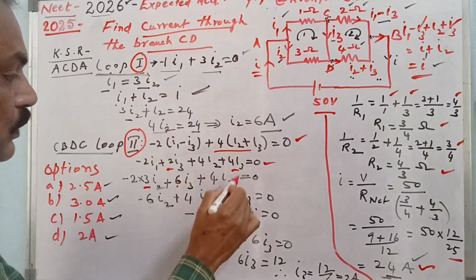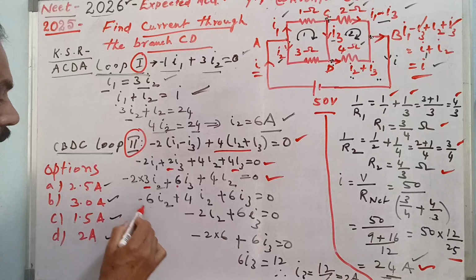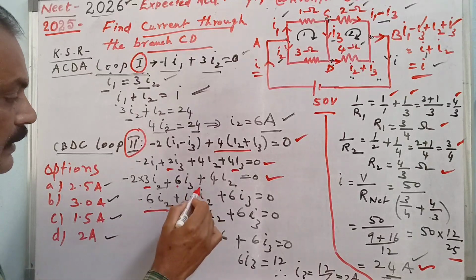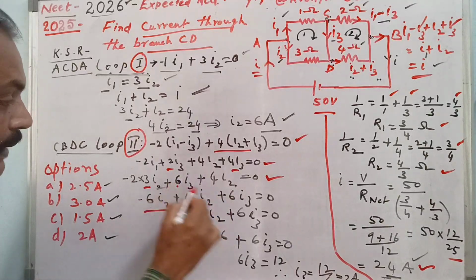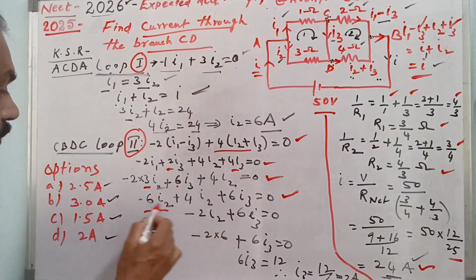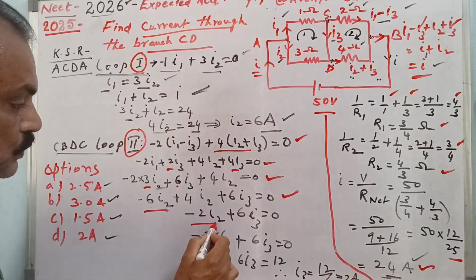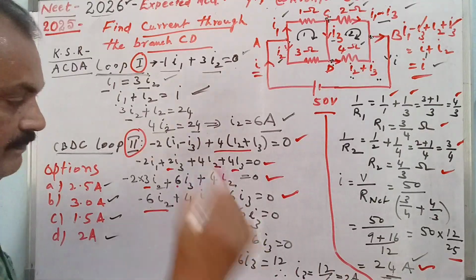Then the remaining 4 I2 is equal to 0. Then finally you will get 2 into 3, minus 6 I2. Then you will get 4 I2 plus 6 I3 equal to 0. So this is minus 6 plus 4, it will become minus 2 I2 plus 6 I3.